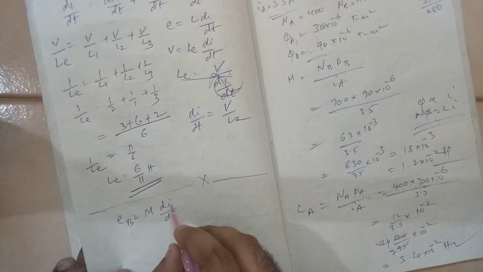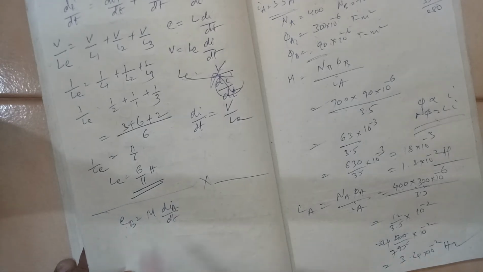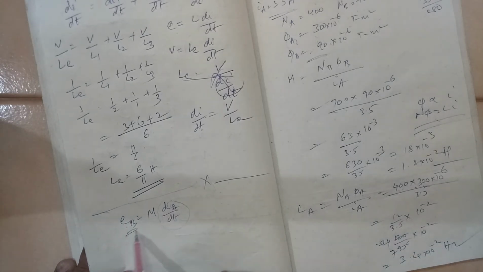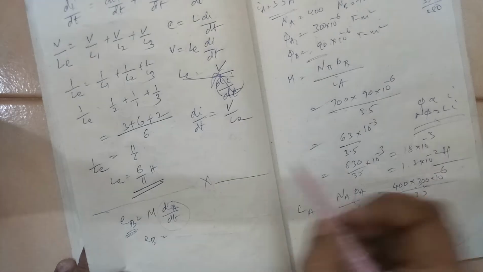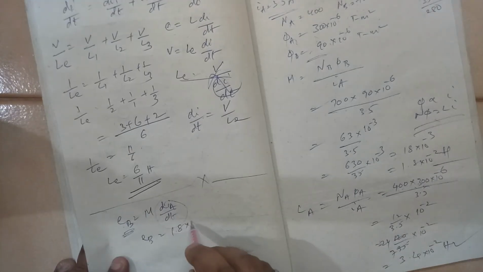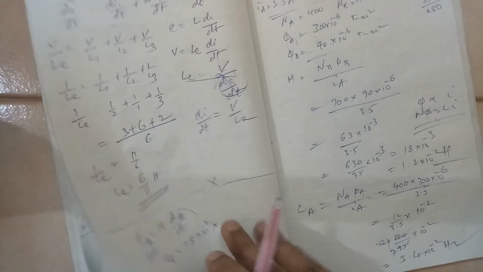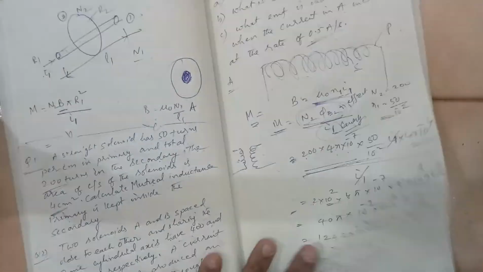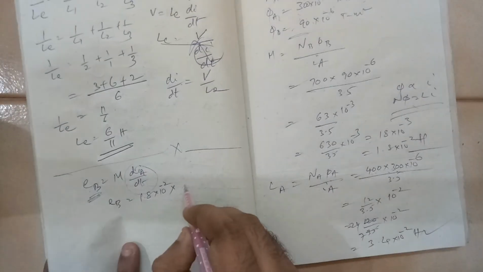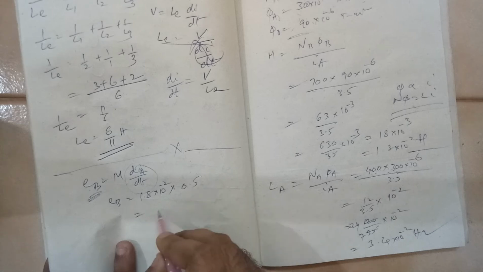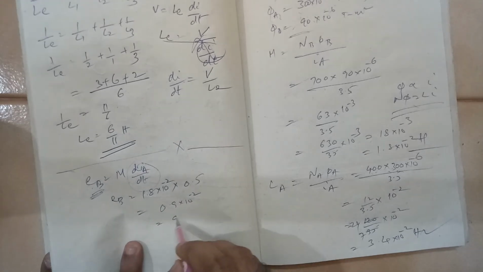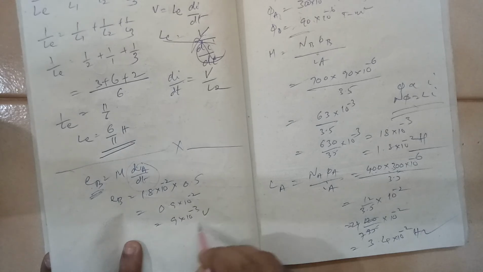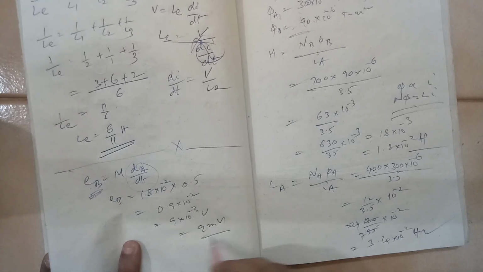Now which I? I of A. Because of change in current in A, there is an induced EMF in B. EB is equal to mutual inductance, we have already worked out. It is 1.8 into 10 to the power of minus 2 into di by dt, information is given in the question, 0.5. So this becomes 0.9 into 10 to the power of minus 2 or 9 into 10 to the power of minus 3 volts or 9 millivolts.